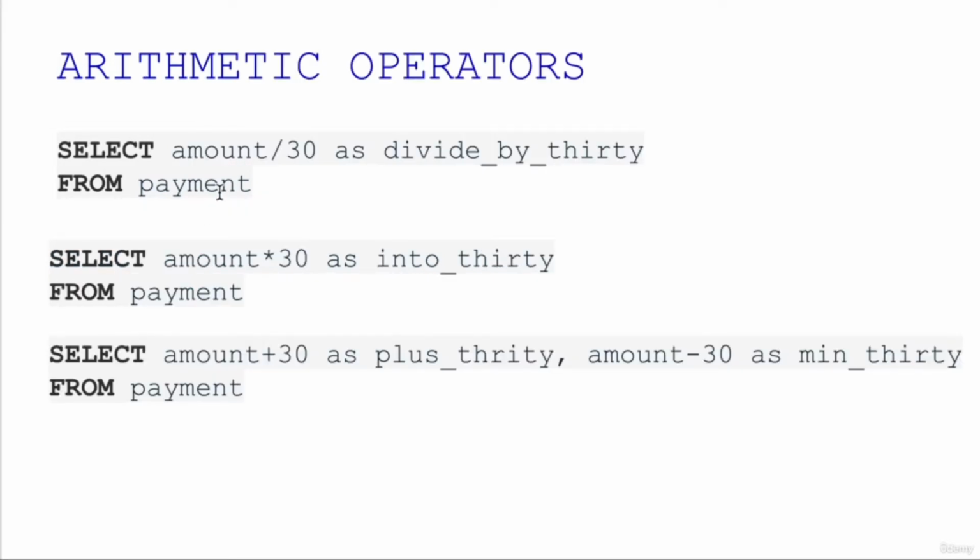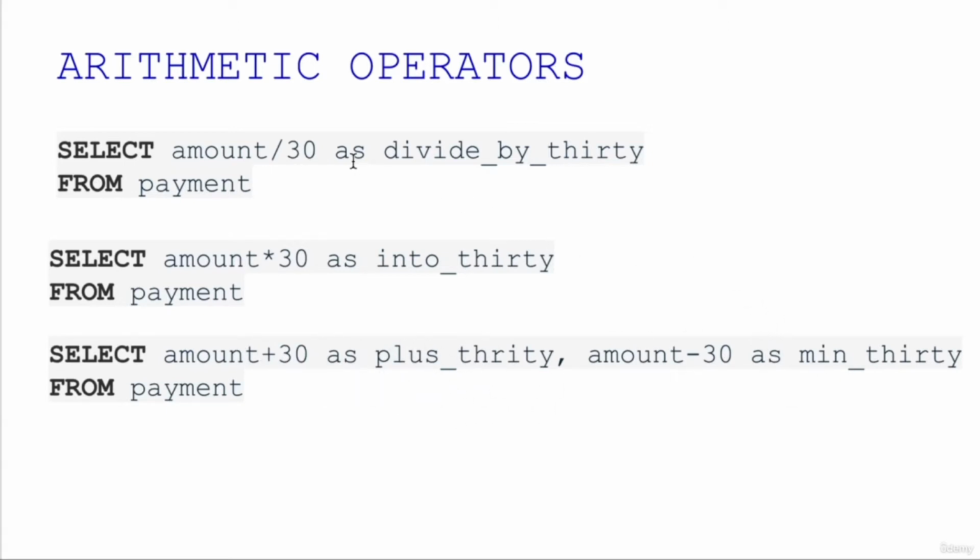SQL supports all the arithmetic operations. For example, if you want to extract the amount divided by 30, you can use the slash, or if you want to multiply all the values in the amount column by 30, you can just use the star. Similarly for addition and subtraction, we use plus and minus.